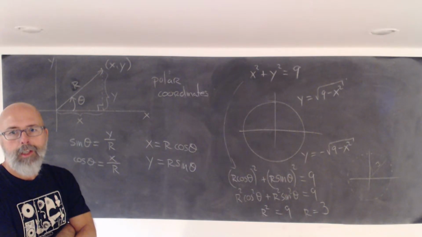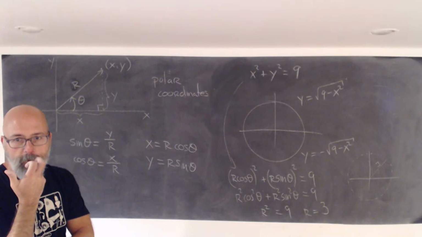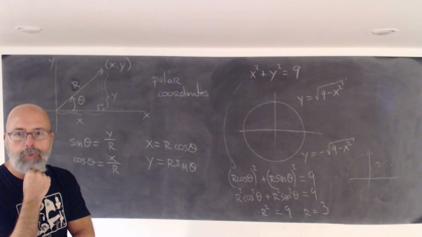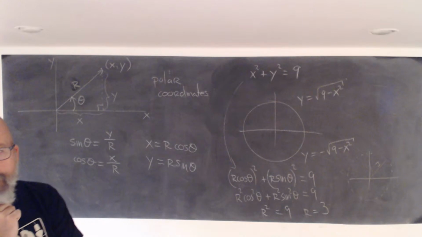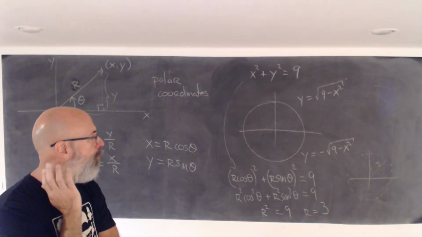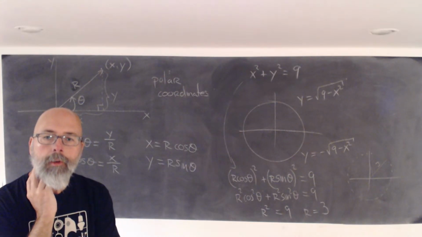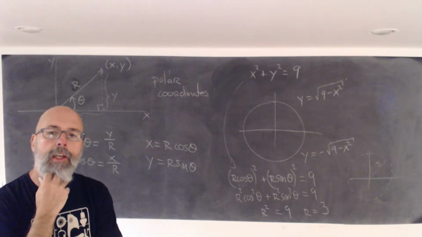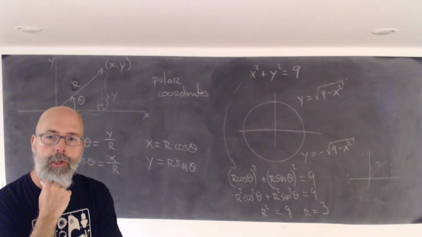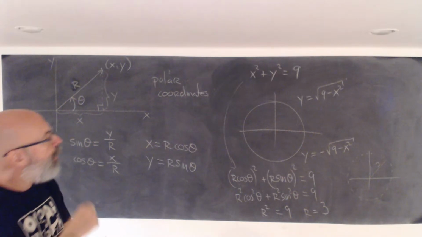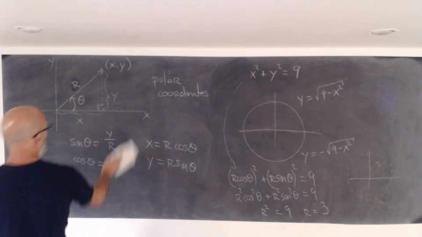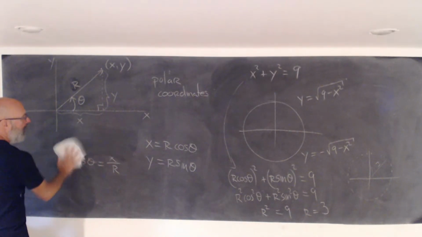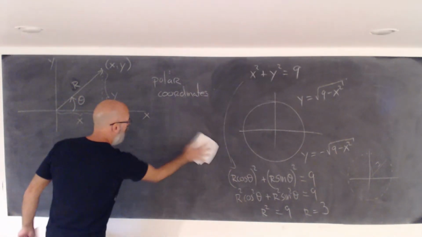And Tony is asking, can we integrate with polar coordinates? We're going to be doing that shortly, absolutely. And that is somewhat of a U substitution. Yishen is asking, r is always positive because it's the distance? Well, that brings up an interesting question, right?